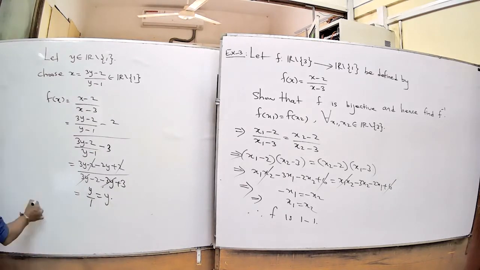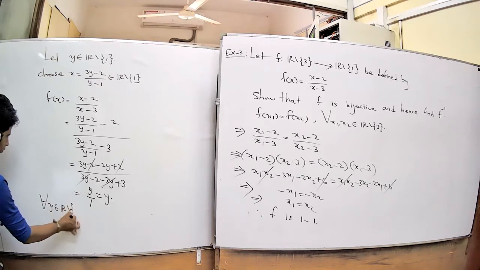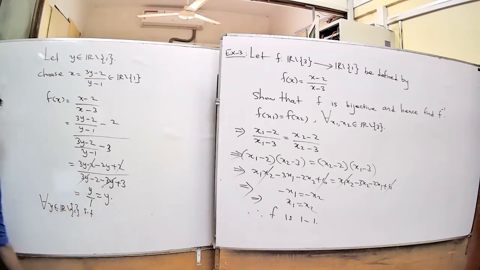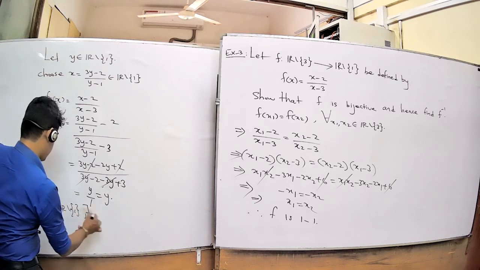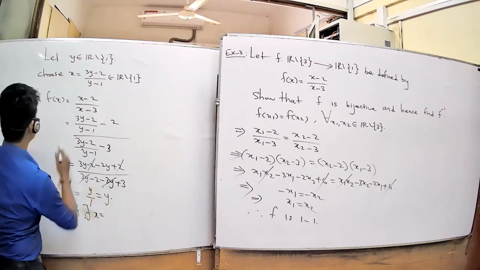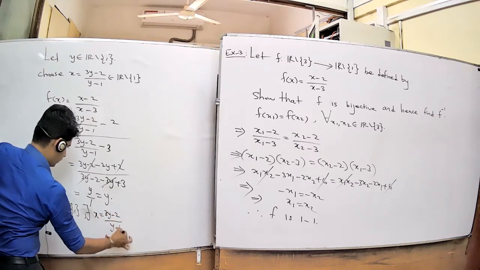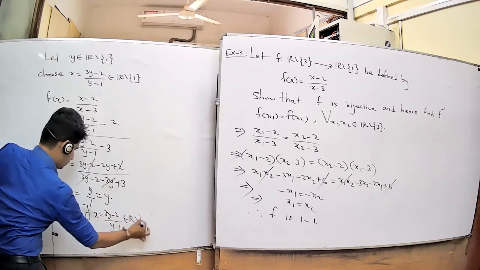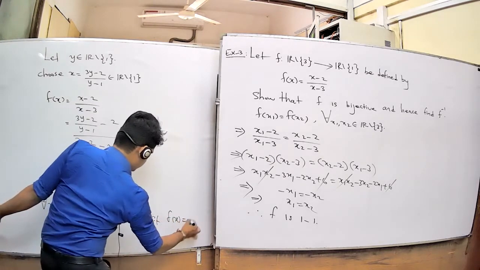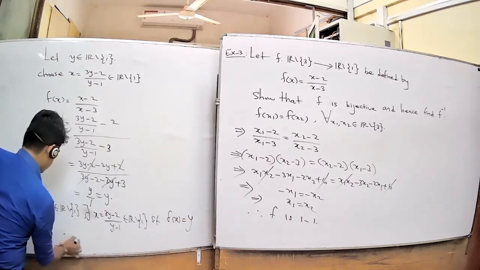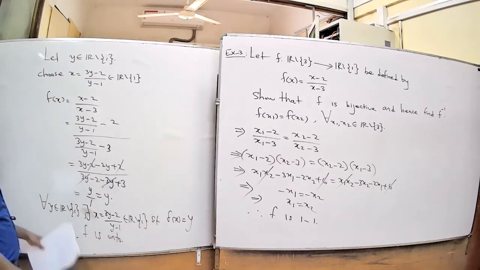That is, for all y belonging to R minus {1} there exists (3y minus 2) over (y minus 1) belonging to R minus {1} such that f of x equals y. Therefore f is onto.